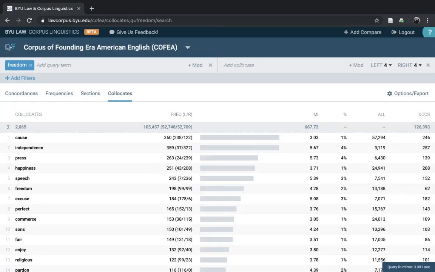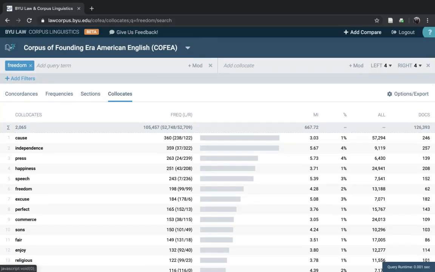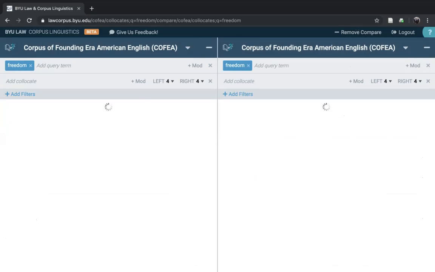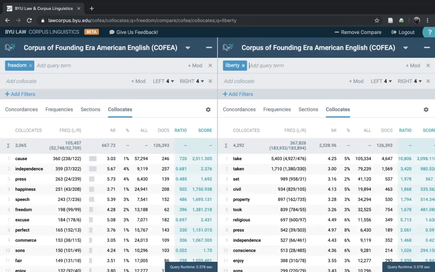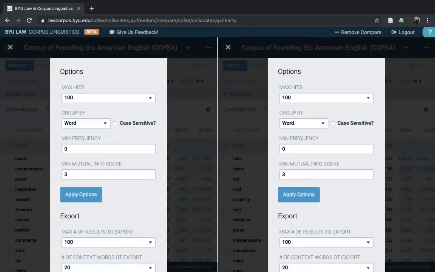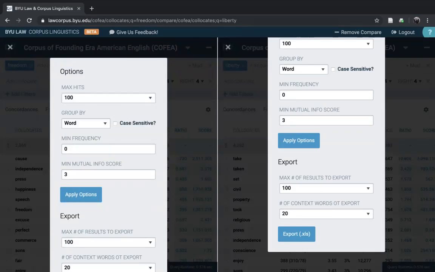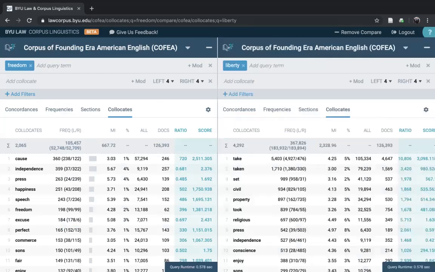Now let's do a couple short examples. Maybe you want to compare how the words freedom and liberty were used during the founding era. So let's go up here and hit add compare. On the left side, we'll have freedom. On the right, we'll type in liberty. We can check the options here to just make sure that we're looking at the same thing. Looks like we are.